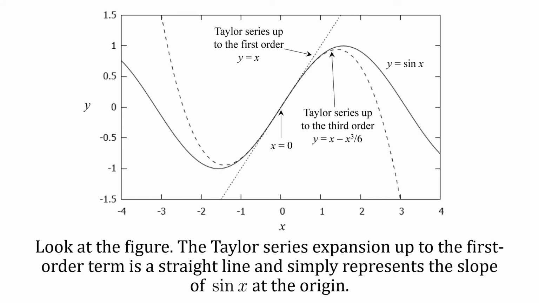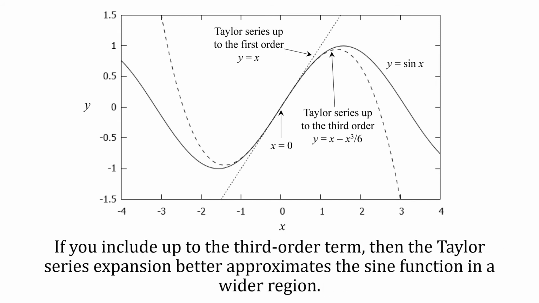Look at the figure. The Taylor series expansion up to the first order term is a straight line and simply represents the slope of sine x at the origin. If you include up to the third order term, then the Taylor series expansion better approximates the sine function in a wider region.